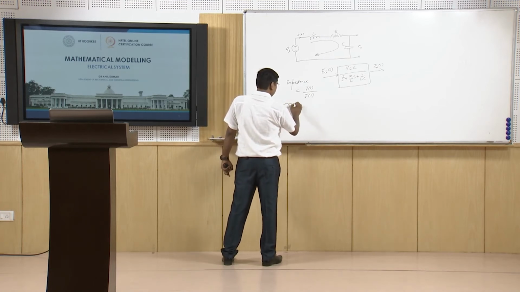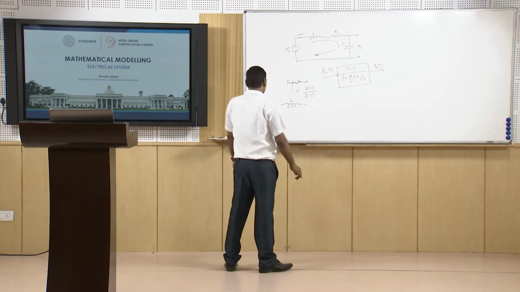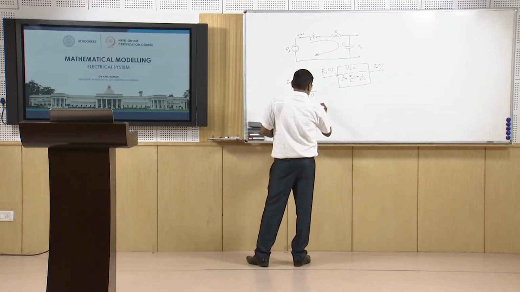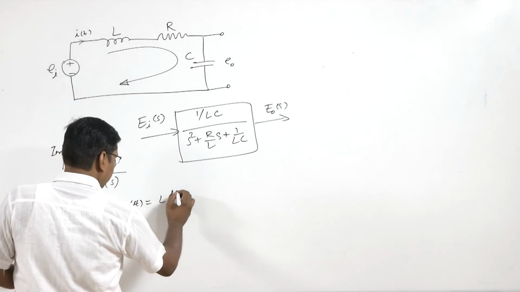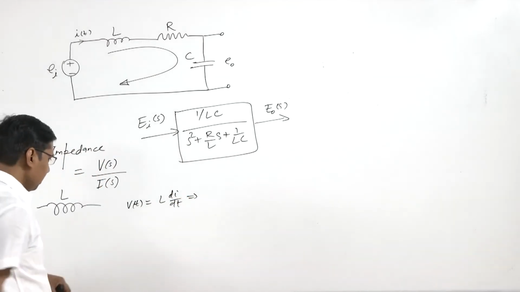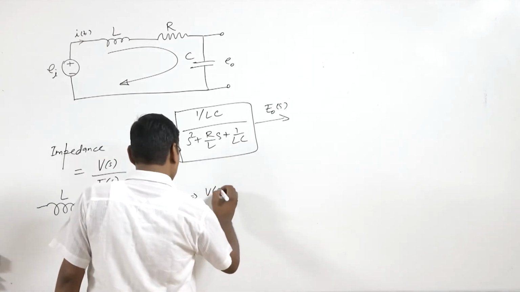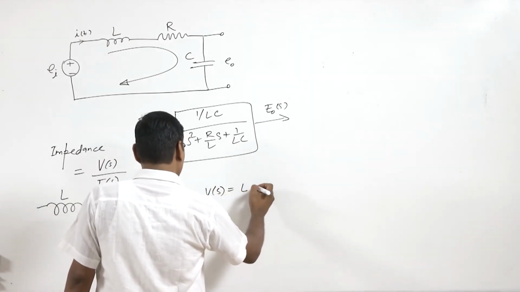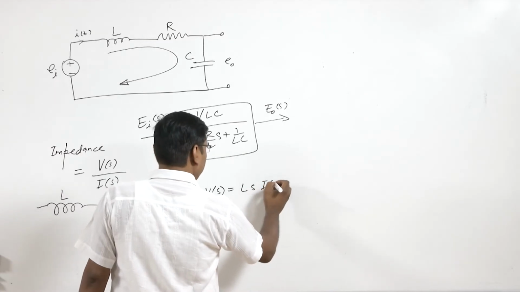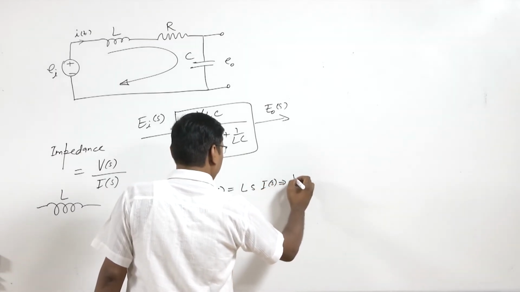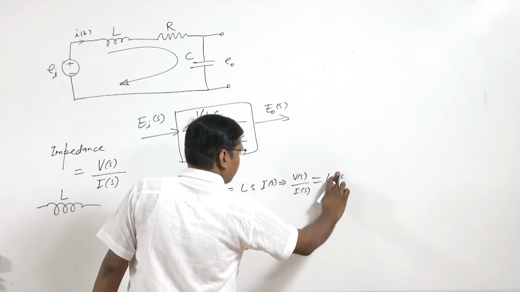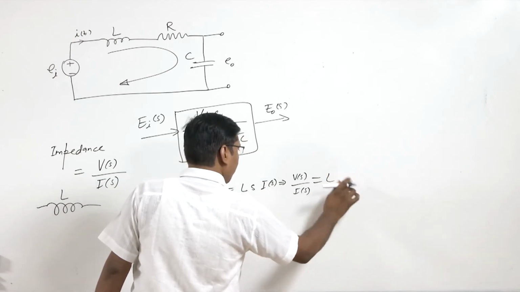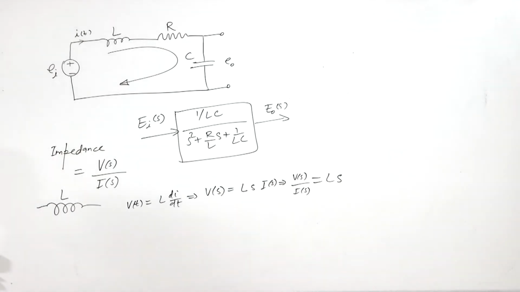So for an inductor L, where v(t) equals L di by dt, here V(s) equals L into s I(s). So V(s) upon I(s) equals Ls. This is the impedance for an inductor.